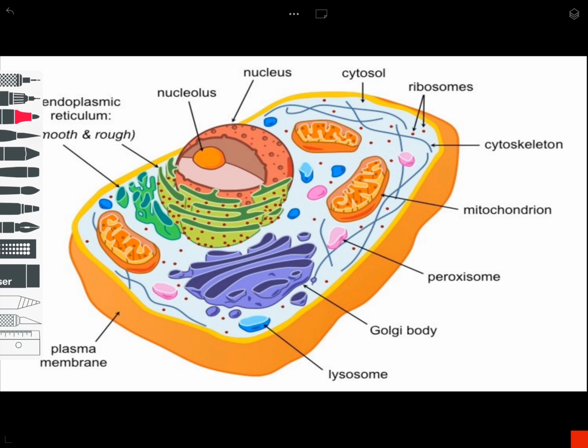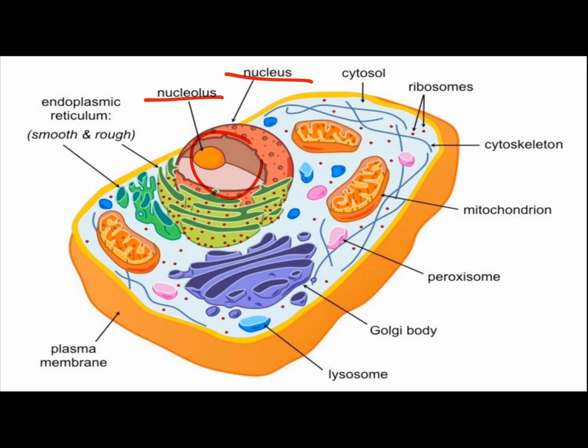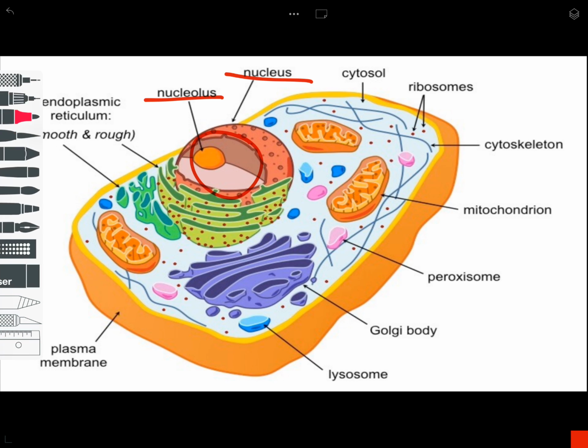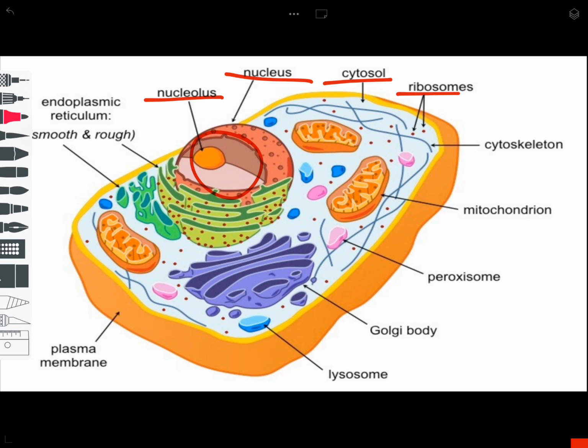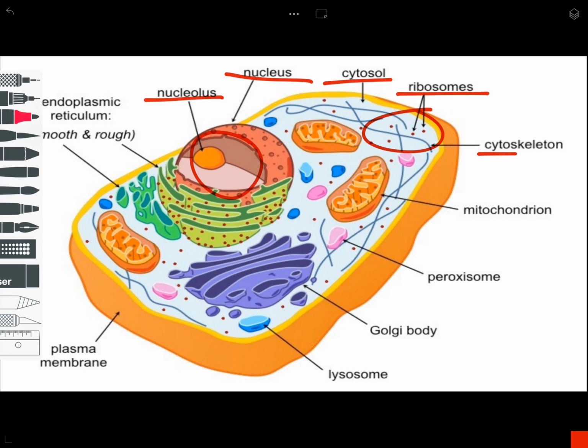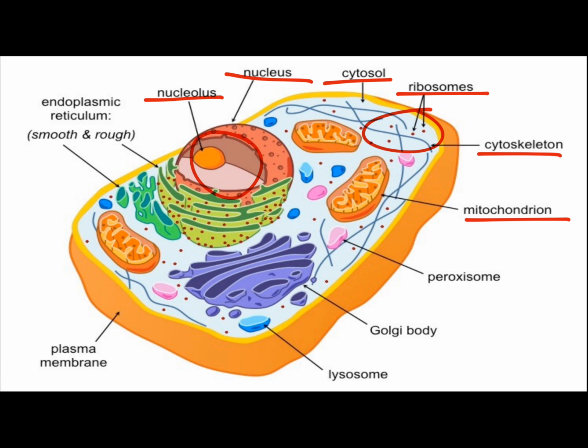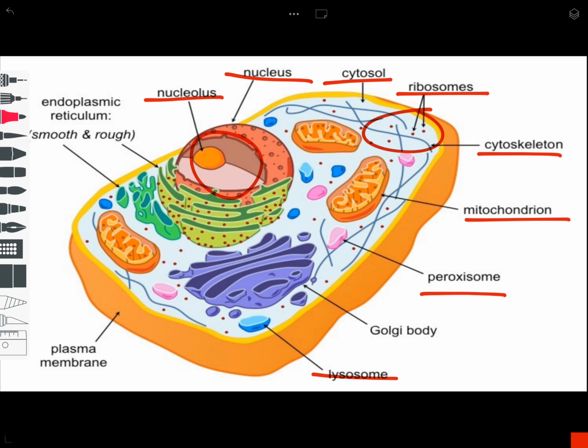Now let's talk about a eukaryote cell, for example, a cell located in your heart. As you can see, they have many more organelles. For example, they have a nucleus which holds the nucleolus and the genetic material. They have a cytoplasm and ribosomes to make proteins. They also have a cytoskeleton, mitochondria, peroxisome, and lysosome.